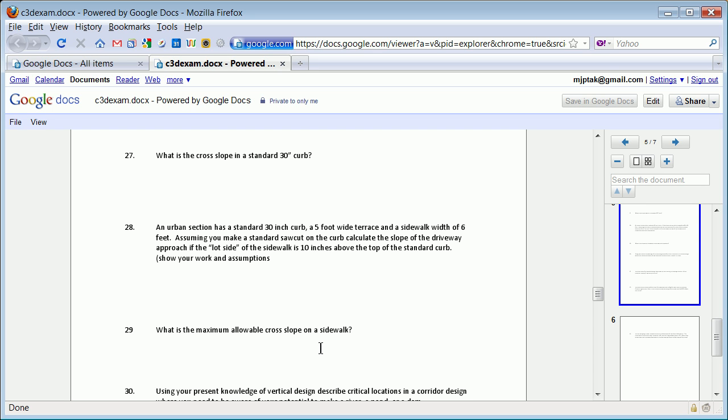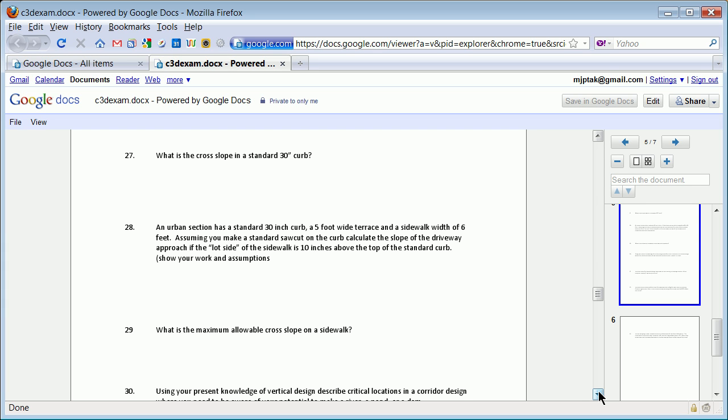So in effect, you have 10 plus 4.5, so that's 14.5, and you'll only gain around 1.5 inches, so you have 13 inches over effectively 5.5 feet. So 13 inches over 5.5 feet would be the slope. I'm not going to calculate it here. You can calculate it and draw the picture yourself.